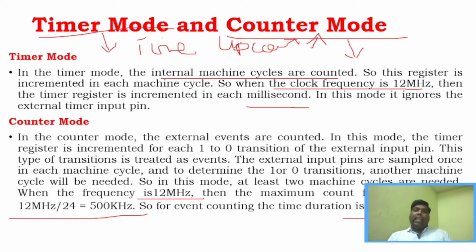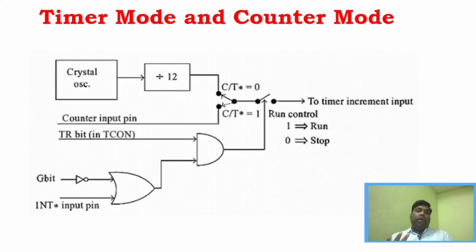Now I'll explain how the timer works in timer mode and counter mode so that you can understand very clearly. This is a very important diagram. As I said, we have different modes of operation, but this is the principal concept of timer mode and counter mode. You know that we have a crystal oscillator. The crystal oscillator frequency will be divided by 12 to determine the machine cycle.